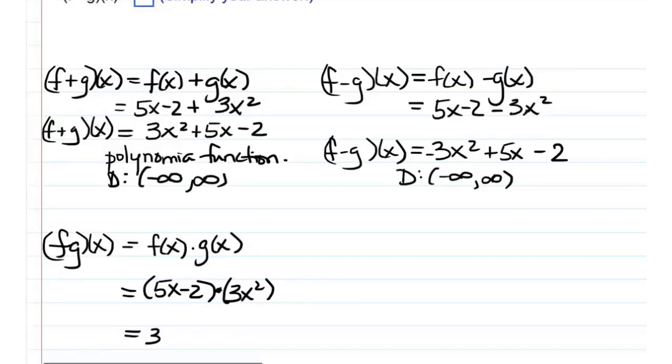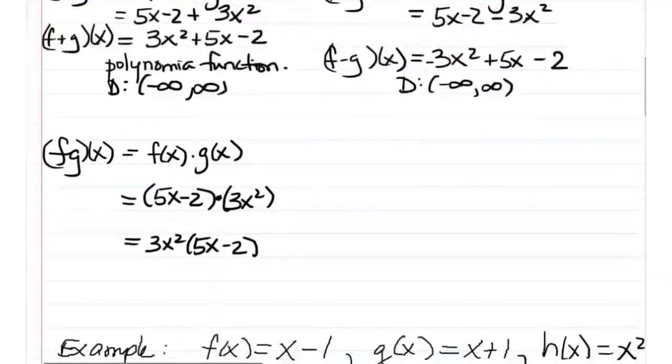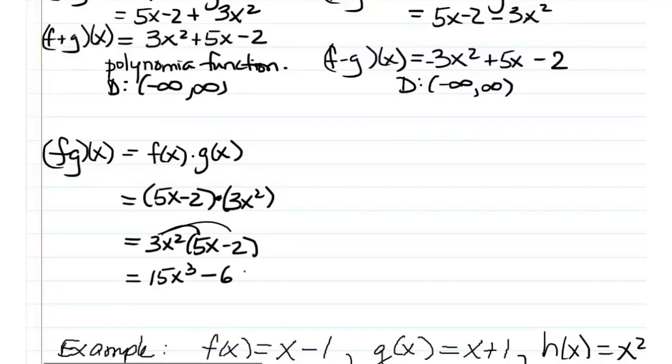Now, it wouldn't be wrong to leave it as 3x squared times 5x minus 2. Oftentimes, having a factored form of a function is actually preferable. But I think in my math lab, they're going to want you to multiply that out. So if we distribute this, we would have 15x cubed minus 6x squared. So again, still a polynomial function, so domain is still negative infinity to infinity.